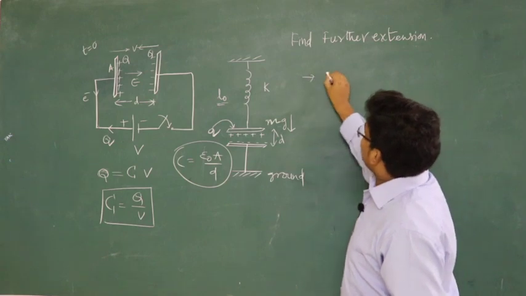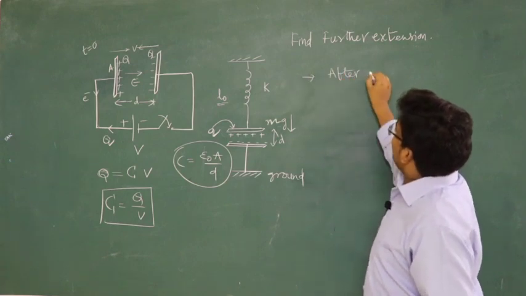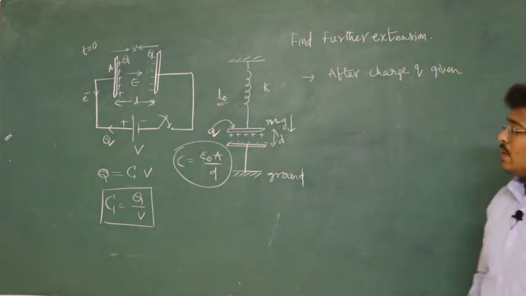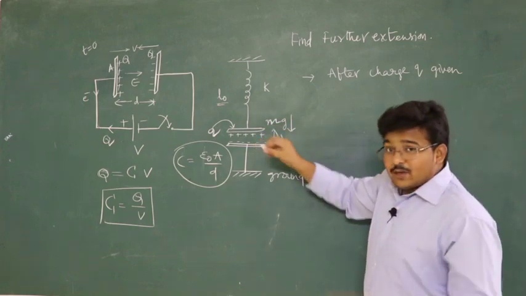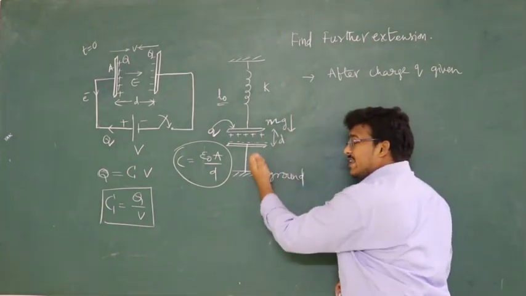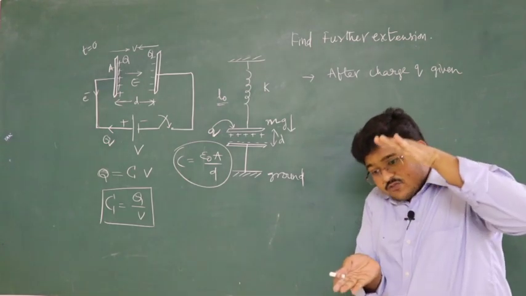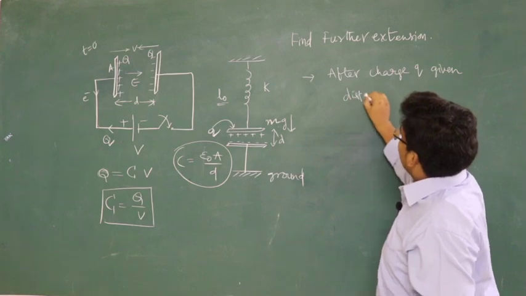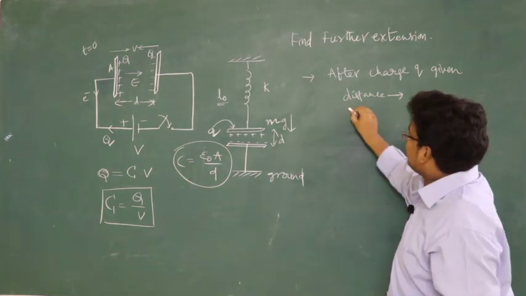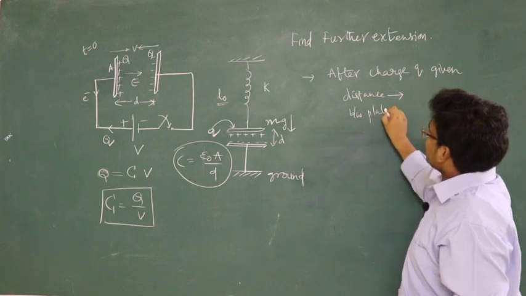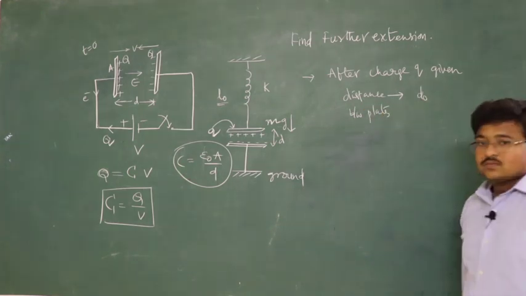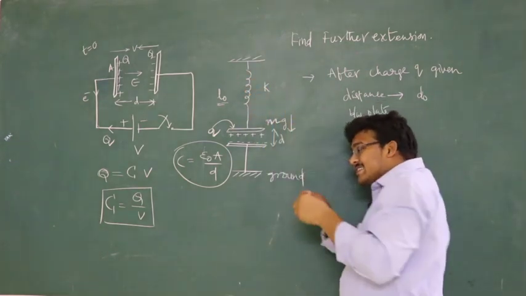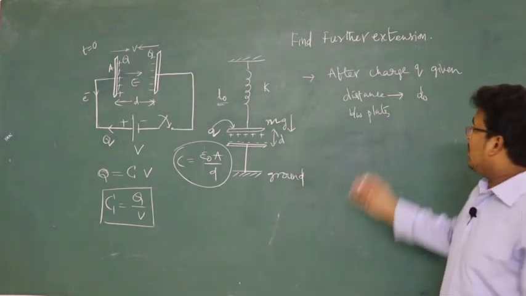After charge Q is given, the negative plate will attract the positive plate, so they will come further down. This plate comes further down by d naught, which means the spring is further extended by d naught. Simply, they are asking you d naught.